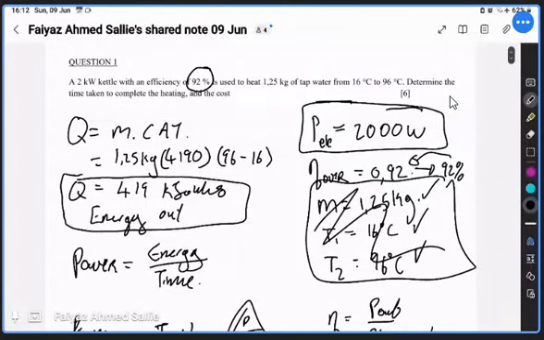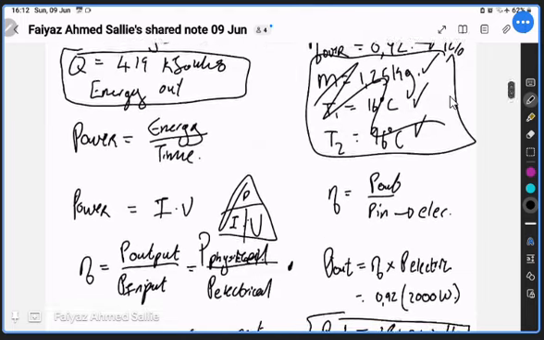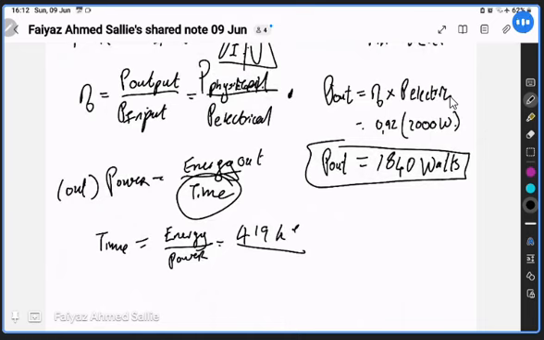So we have an energy of 419 000 over, sorry, 419 kilojoules over 1.84 kilojoules per second, because we know that power is equal to energy over time, which is joules over second.